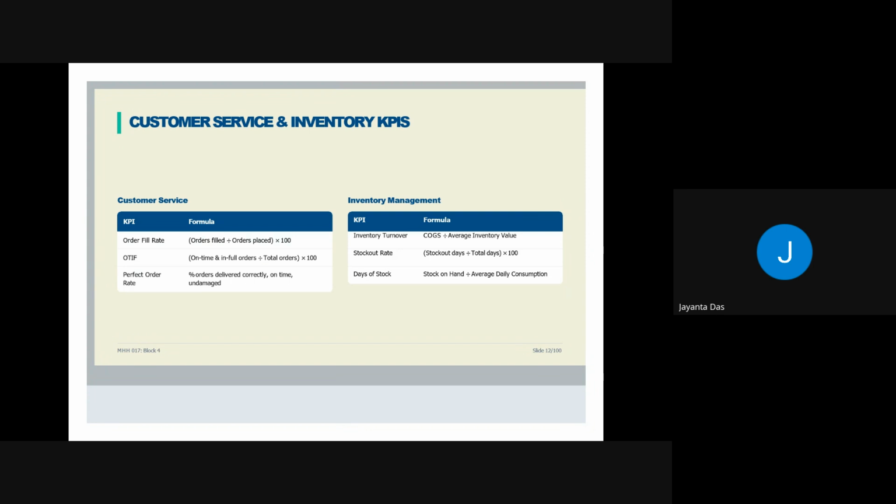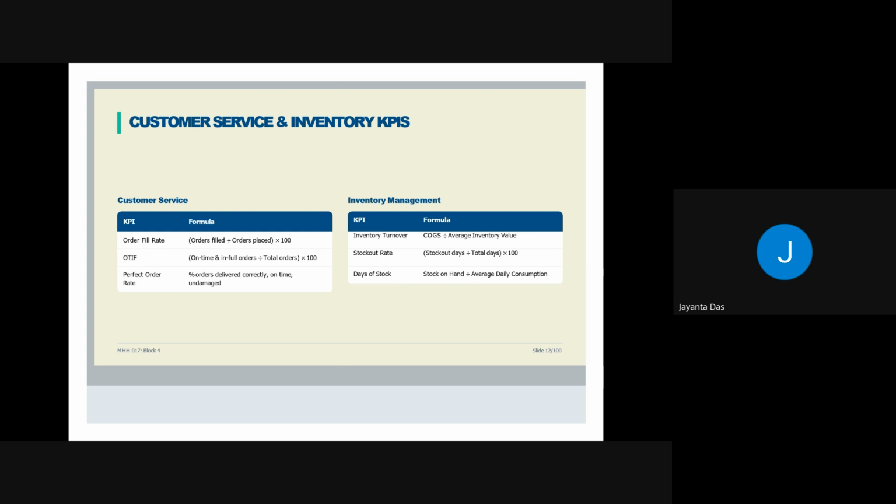Then the next one is customer service and inventory KPIs. Here the KPI is order fill rate, that means orders filled divided by orders placed multiplied by 100. Similarly, for OTIF, that is on time and in full orders divided by total orders into 100, and perfect order rate.